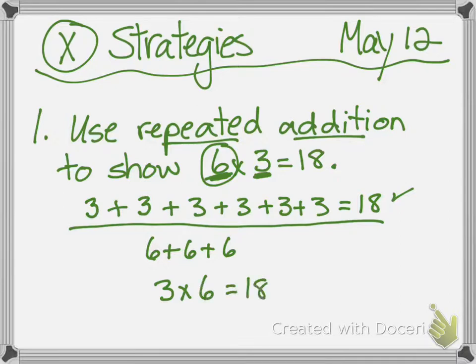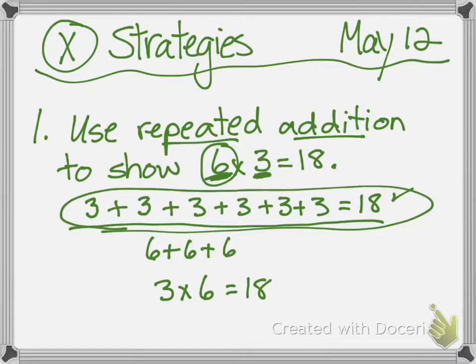You would have gotten the same answer, but I would like you to have that language in your head. 6 groups of 3. So that looks like this. 6 groups. We've got 1, 2, 3, 4, 5, 6 groups and of 3. Okay. All right. If you didn't have that written out correctly, then erase it and write it out correctly. And then when you're ready, go to the next page.